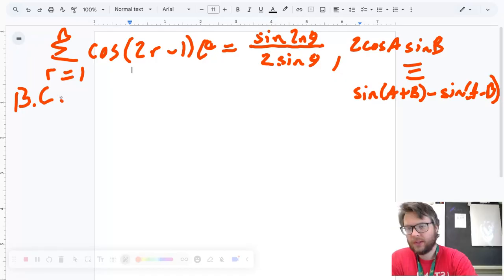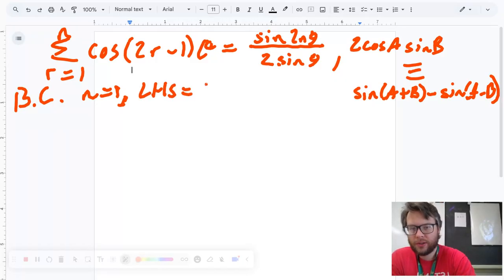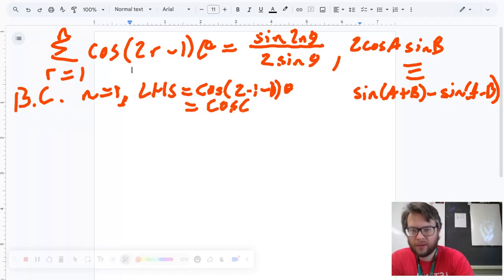Okay, so let's start with our base case. We start with n equals 1. If we make n equal 1, then the left-hand side is just the first term of the sum. So it's just cosine of (2 times 1 minus 1) theta, which is just cosine of theta.